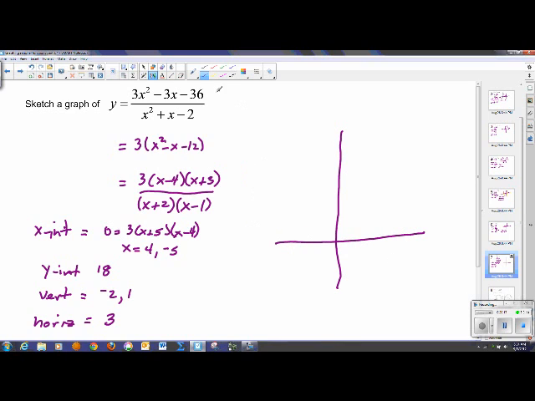Now, once again, vertical asymptotes, negative 2. Put that dotted line here. 1. Dotted line here. Horizontal asymptote at 3.